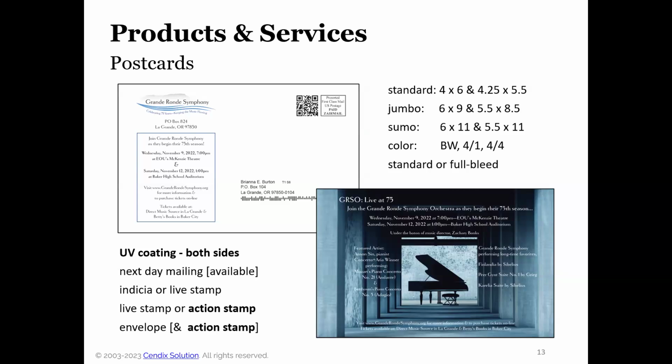Because it takes four colors to make up the entire color spectrum. So in terms of shorthand, we usually talk about 4/1, which is four colors one side, or full color one side, black and white the other side, or full color both sides, which is 4/4. Most popular piece we're seeing today is really a jumbo postcard in 4/1.